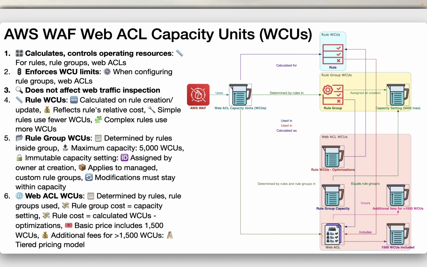For example, if you define two rules to examine the same web request component and the rules each apply a particular transformation to the component before inspecting it, AWS WAF might be able to charge you just once for applying the transformation. The basic price for a web ACL includes up to 1500 WCUs. Using more than 1500 WCUs incurs additional fees according to a tiered pricing model.